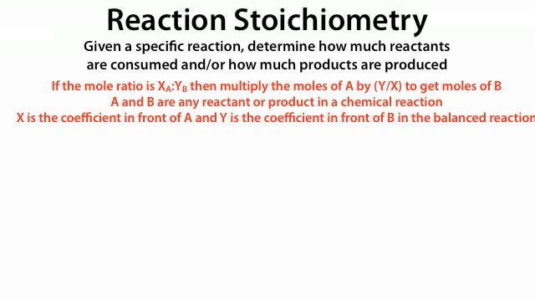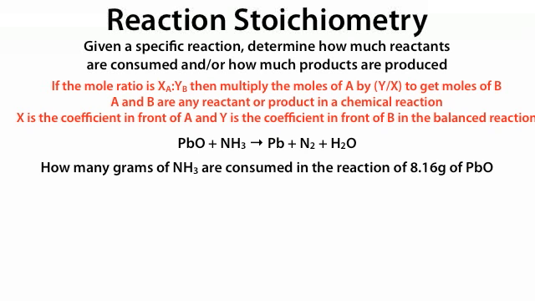Let's say we're given a question where we have a reaction. PbO + NH3 yields Pb + N2 + H2O. And we're asked, how many grams of NH3 are consumed in the reaction of 8.16 grams of PbO? Step 1.